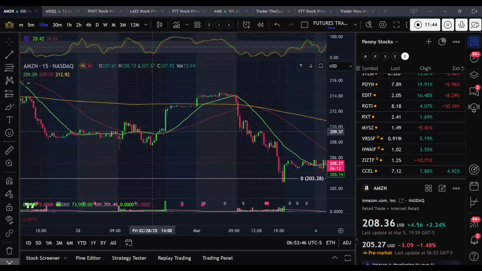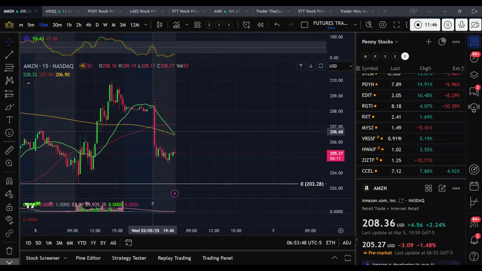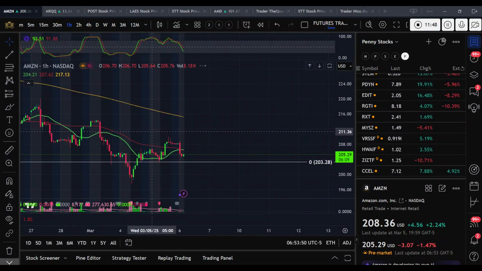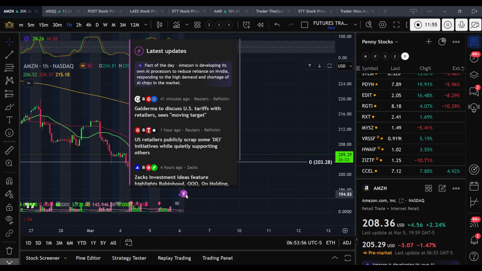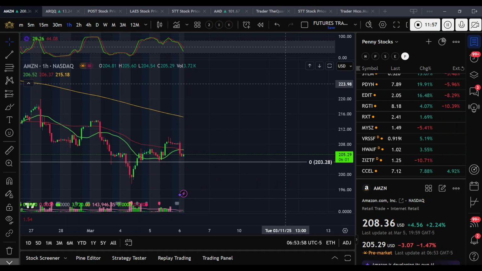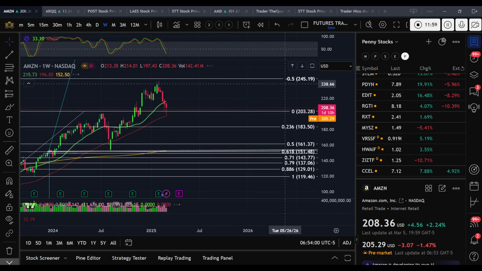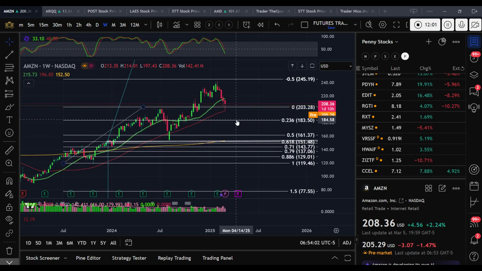So let's see. Amazon, I think, based on the hourly, may be a trade to the 200 moving average today at around 214. It's going to take some wonderful news for that to happen. But if we look at higher time frames, our 50 is at 198.65.